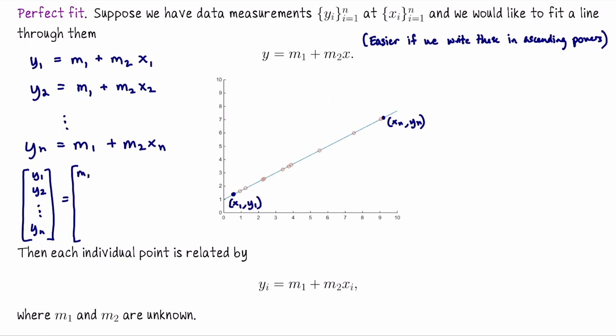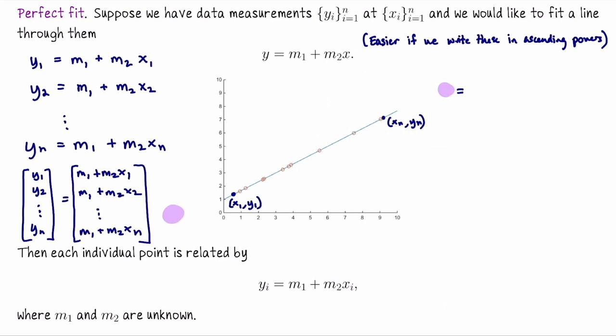So this will be m1 plus m2x1, m1 plus m2x2, all the way through m1 plus m2xn. Okay, I'm out of room. I didn't organize this slide very well. So let me now take this and we'll continue over in the top right.